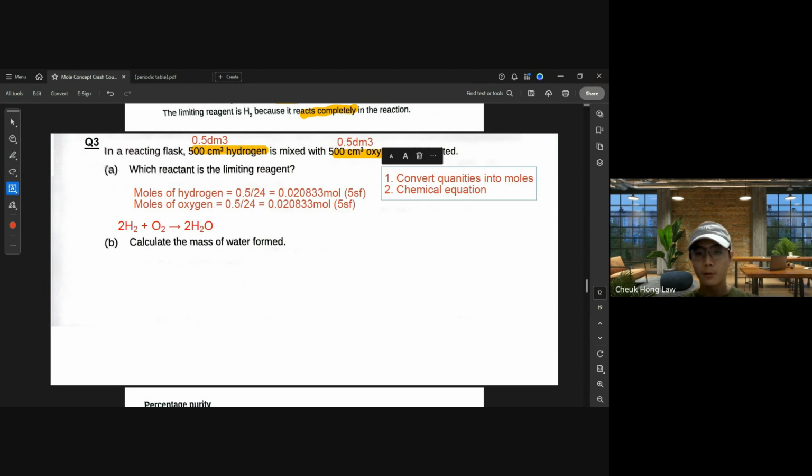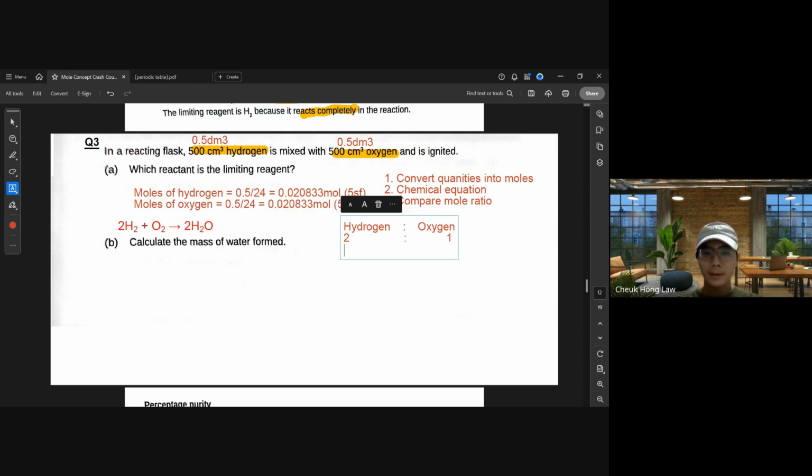The third step is to compare mole ratio. What am I going to be comparing? I have to compare hydrogen and oxygen. Based on the chemical equation, the actual mole ratio is 2 is to 1.